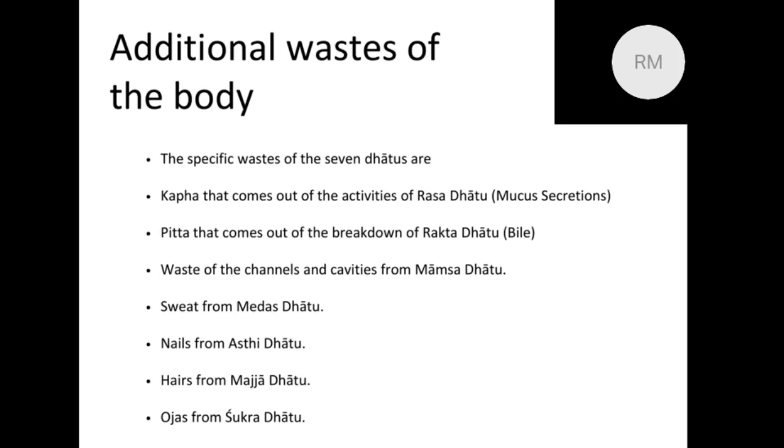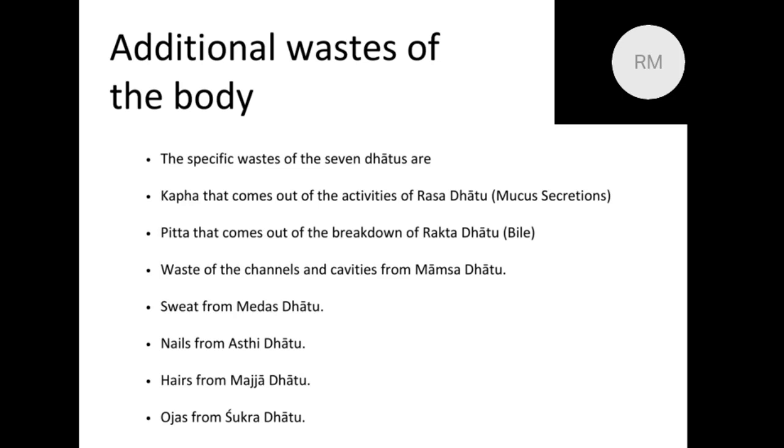So we say the body is supported by doshas, Dhātus, as well as Malās. So all the three actually support the body: doshas, Dhātus, and Malās. So sweat from Medas Dhātu and nails from Asti Dhātu.